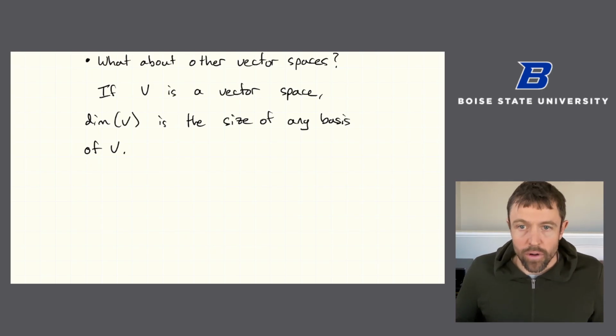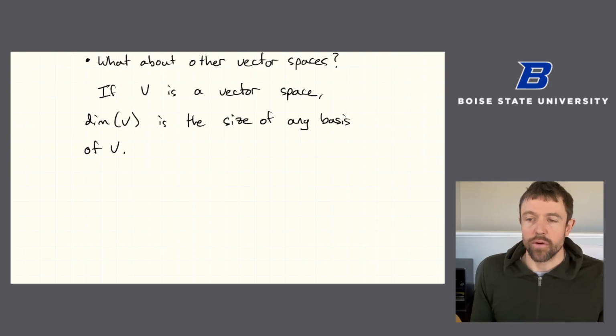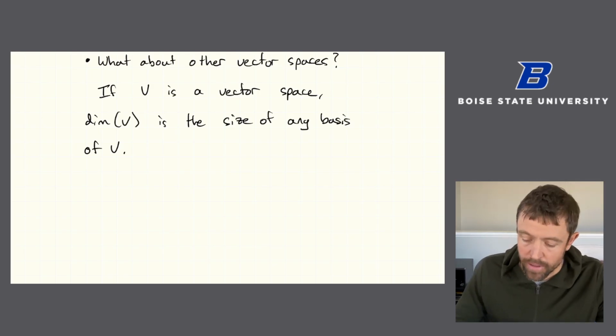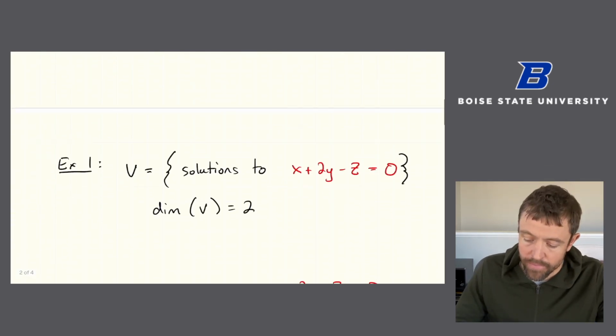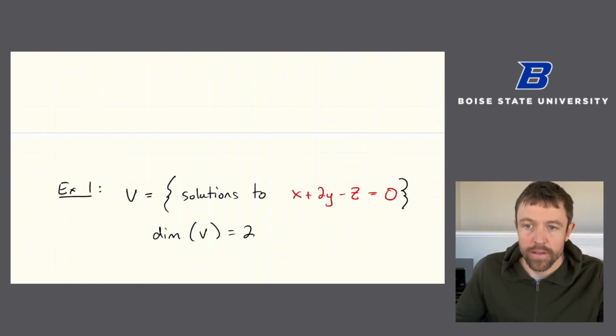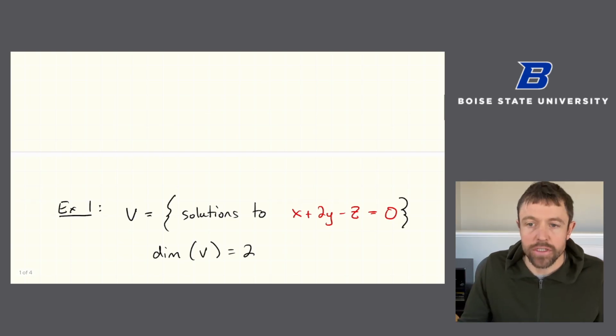So let's go back to our examples and confirm that this works in the instances where I wanted to call something a certain dimension. So this example, the set of solutions to this equation, let's flip back to Desmos' picture of this.